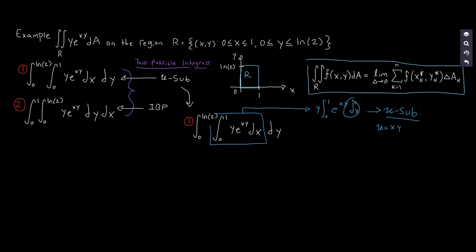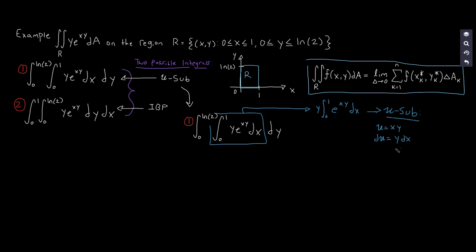The original integrand here has dx, so when I go to find my du, that constraint is still honored in that y gets treated as a constant. So when we take the derivative, we're really just making x the focal point because y is treated as a constant. The derivative of x is 1, and then with the constant multiple rule, we multiply y times 1, and so we're left with y dx, I think.